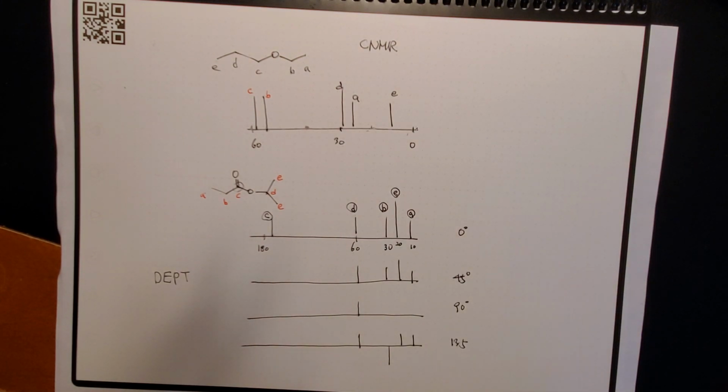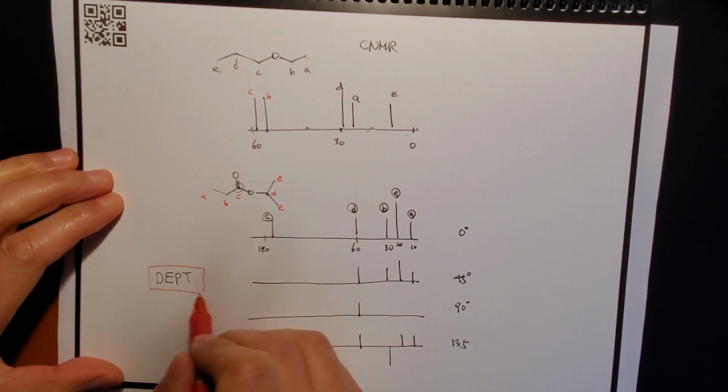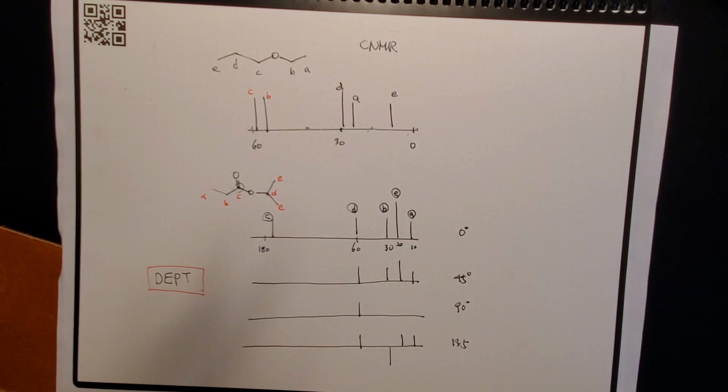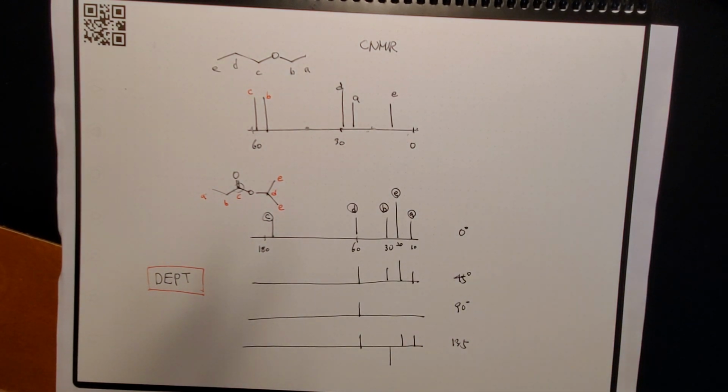Later we'll do more in detail, but there is an experiment called DEPT. We are using a special series of pulses to run carbon-13, still decoupling the hydrogens. With a pulse of 0, 45, 90, and 135 degrees, you get these kinds of outcomes.